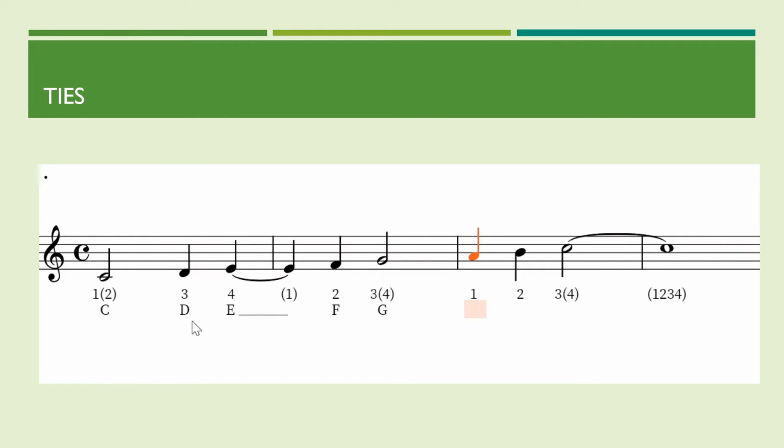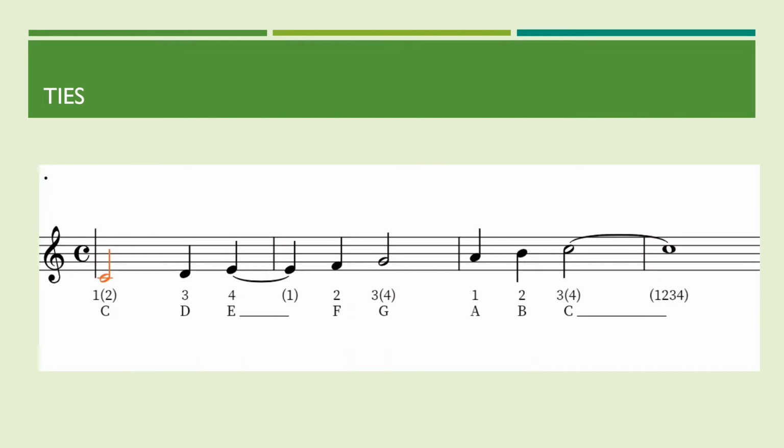After G, we start over again with A, B, C. So if I were to sing this on the pitch names, C, D, E, F, G, A, B, C. You may have recognized that as a scale.